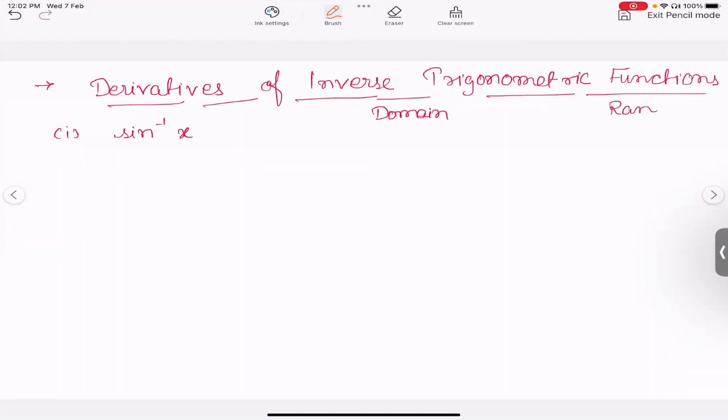For sine function, the domain is from minus infinity to plus infinity, but for the function to be one-one and onto, we'll restrict the range of the function of sine inverse to be from minus pi by 2 to pi by 2, because after that the sine function keeps on repeating its value. That's why we are restricting its range, and the sine function's range is from -1 to +1, so this will be the domain of the sine inverse function.